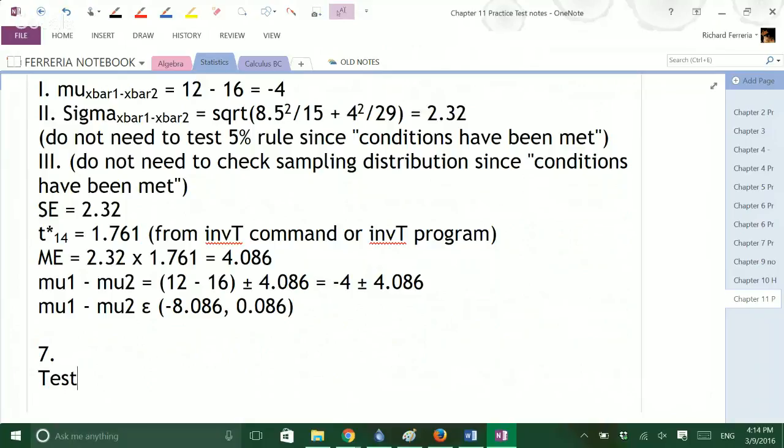Probably just a proportion, right? So this should be a test for two proportions. So a z-test for two proportions. We can't do a t-test for proportions. It's always going to be a z-test.